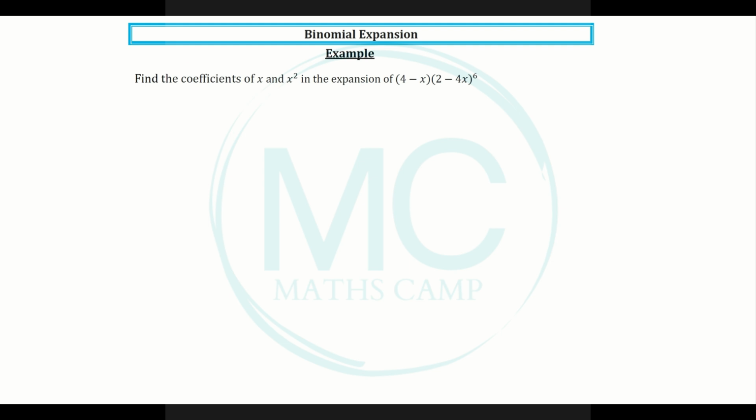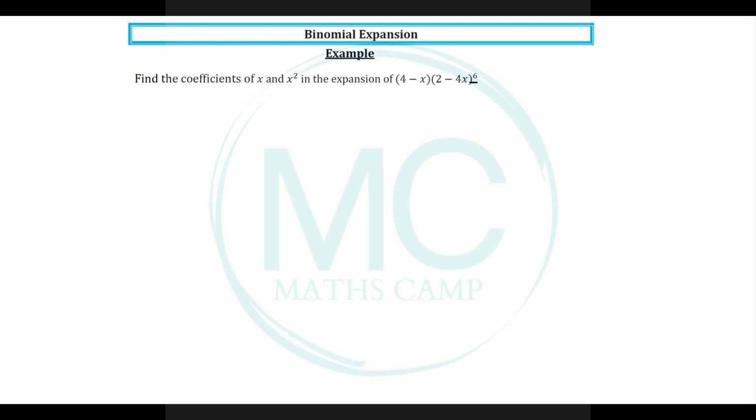Find the coefficients of x and x squared in the expansion of the bracket (4 minus x) multiplied by the bracket (2 minus 4x) with an exponent of 6. The second bracket has an exponent of 6 up here. So we know that we will have 7 terms with exponents of x ranging from 0, the constant, up to 6.